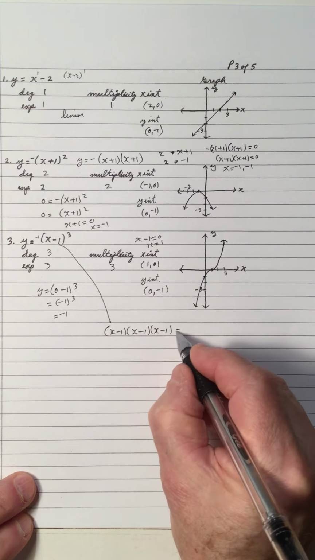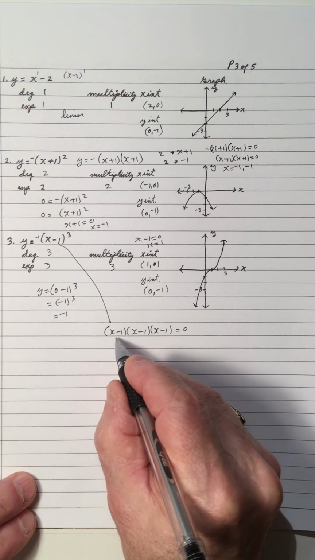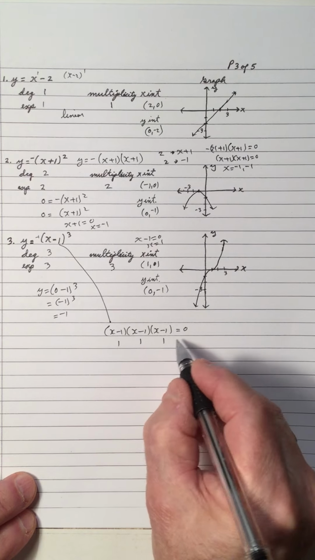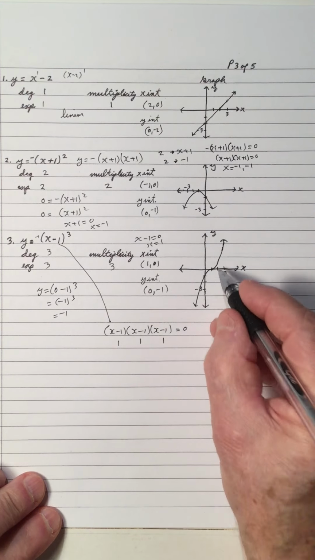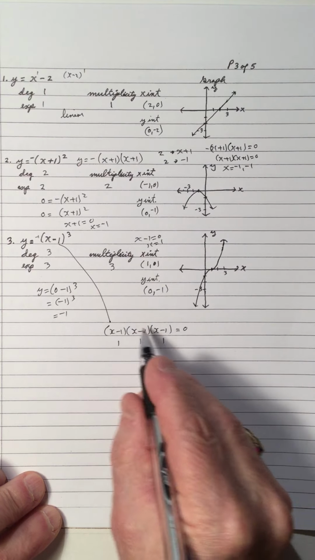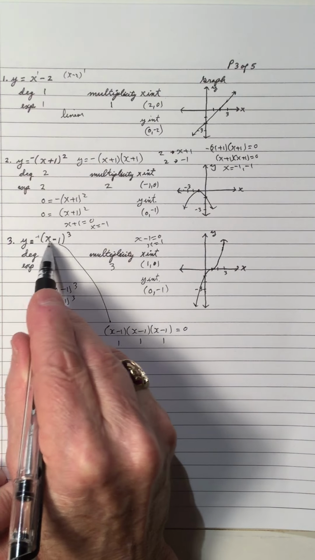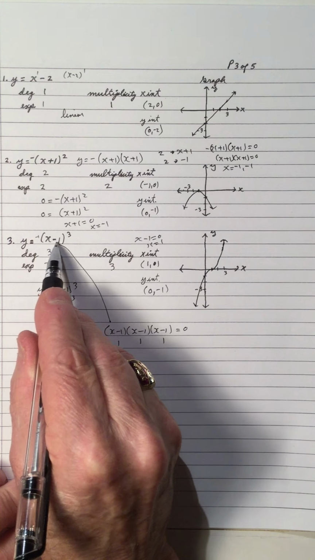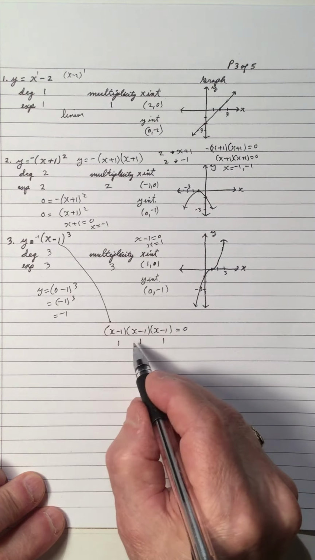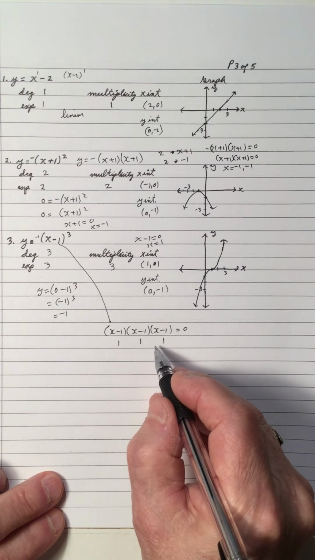So if you made your y equal to 0, you would have x is 1 right there, x is 1 there, so you have 3 1s. But again, it only has one x-intercept, but it could have 3 roots. If you made this equation, x minus 1 all cubed, equal to 0, you would have 3 equal roots of 1.